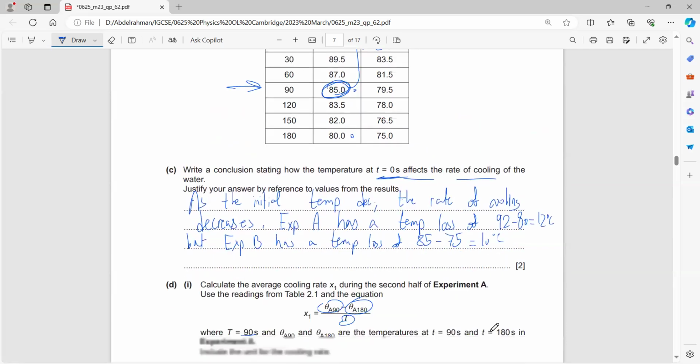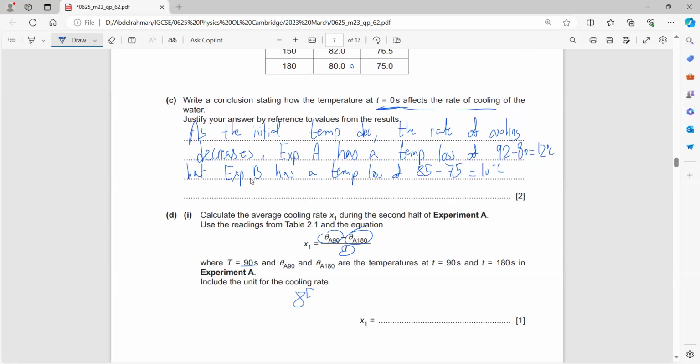It's quite easy. 85 minus 80 over 90 would be 0.0555, so it could be written down as 0.056.